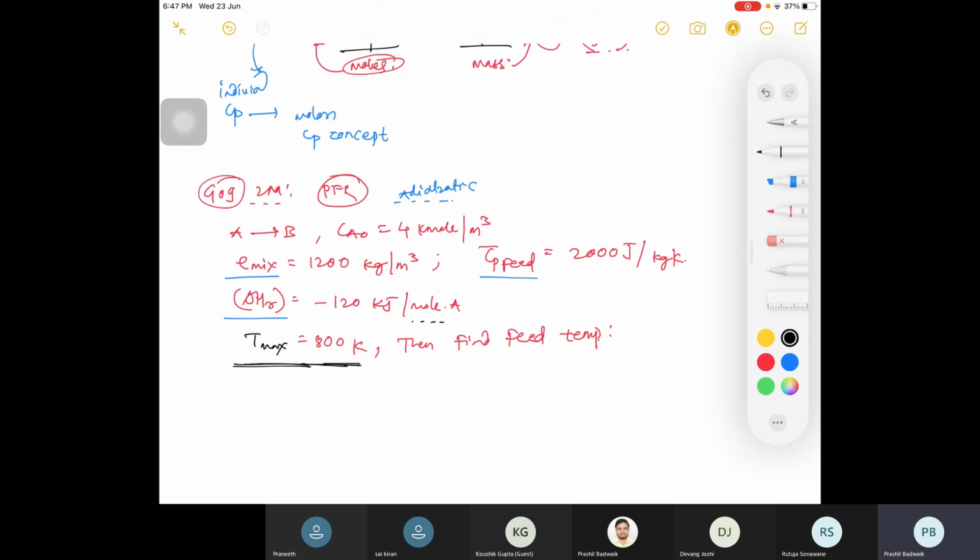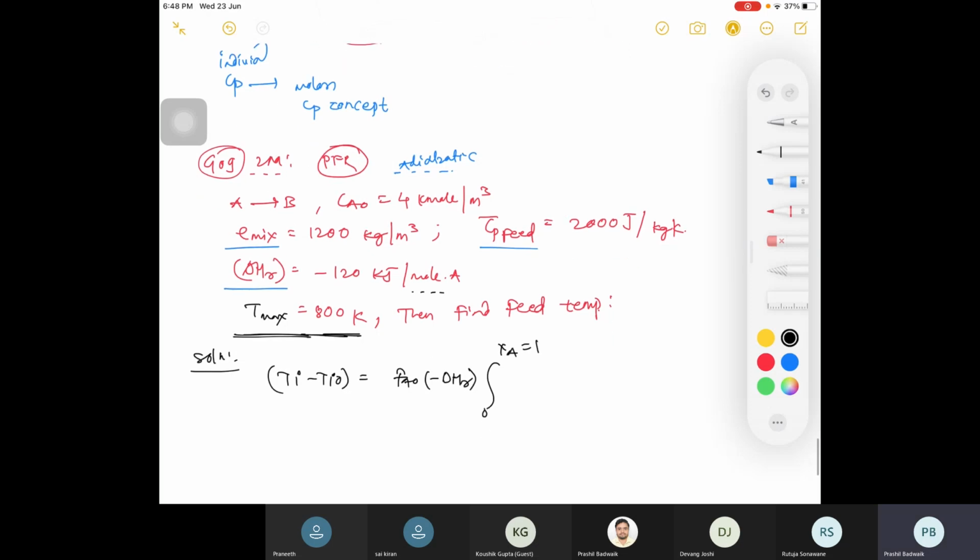So you have only one equation: T minus Ti naught equals Fa naught times minus delta H reaction, integration 0 to Xa, which equals 1 in case of maximum temperature, dXa divided by summation of Fi into Cpi.